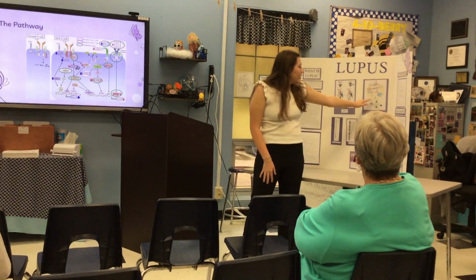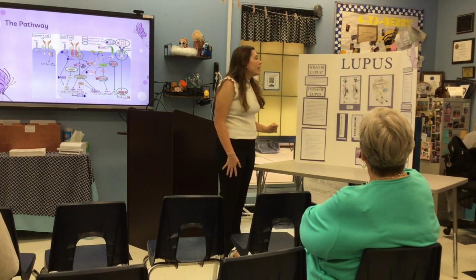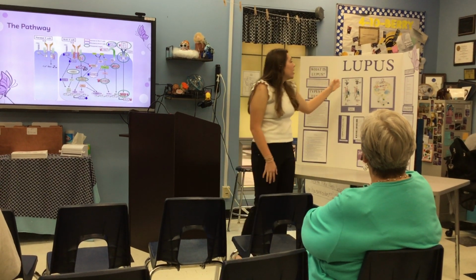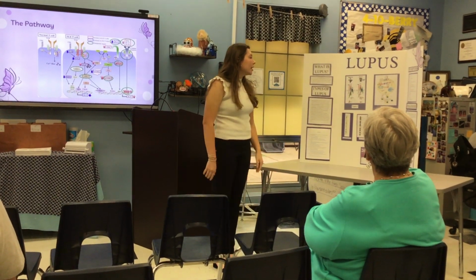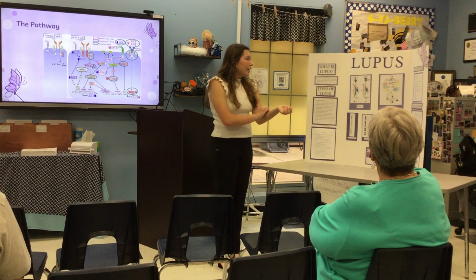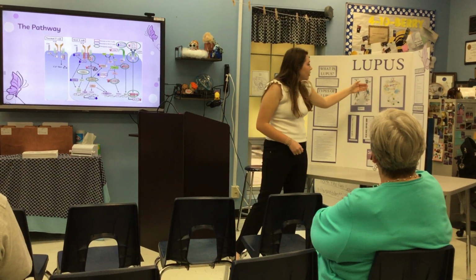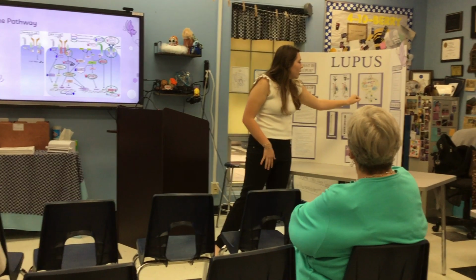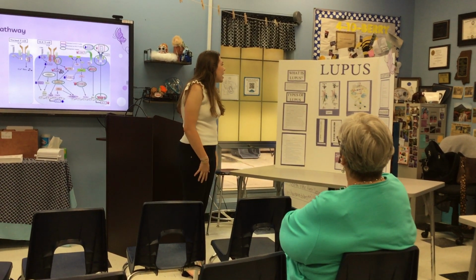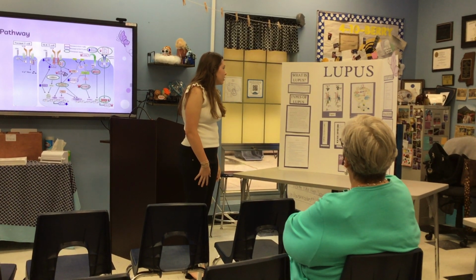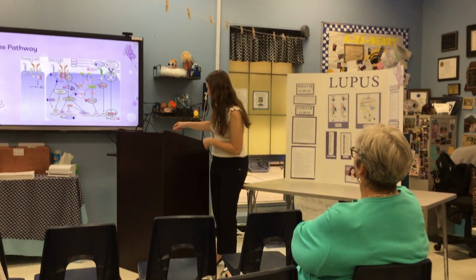And this picture right here is a cell going into apoptosis, because when the cell goes into apoptosis, that is when the T cells go and attack the anti-nuclear antibodies, which is basically the dead cell, and the overproduction of the T cells is what causes the communication error. And actually, that's about it. So, very good.